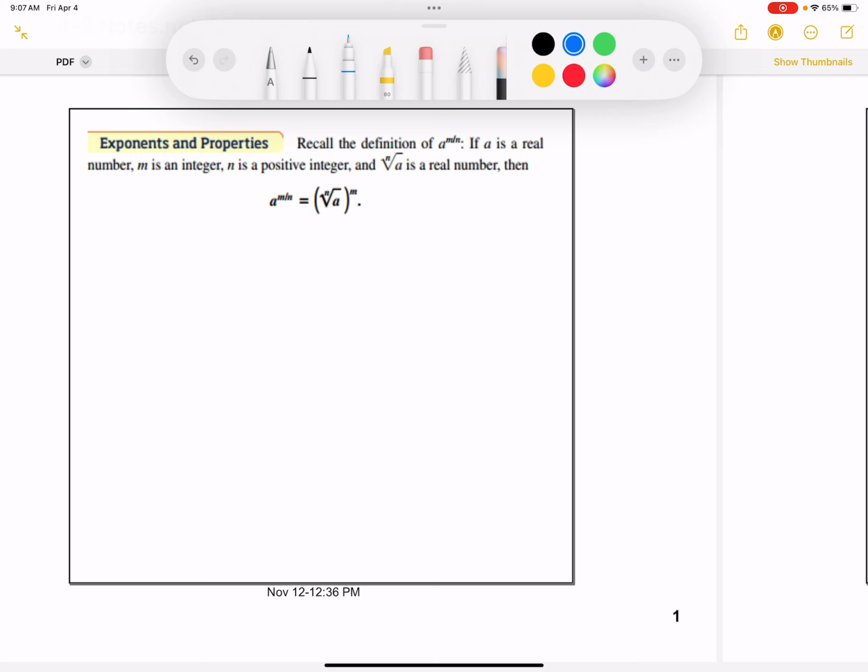So you can express any exponent in two ways. You can express it as an exponent or a radical. Maybe we would call it a rational exponent.